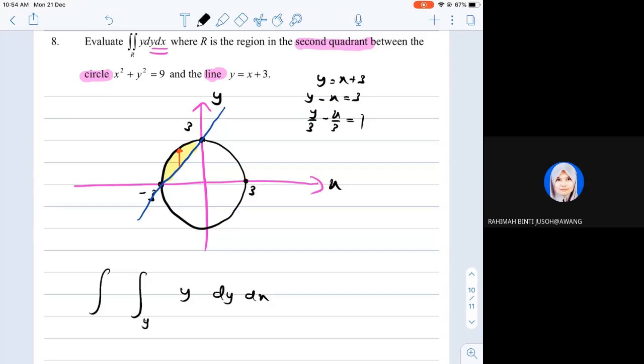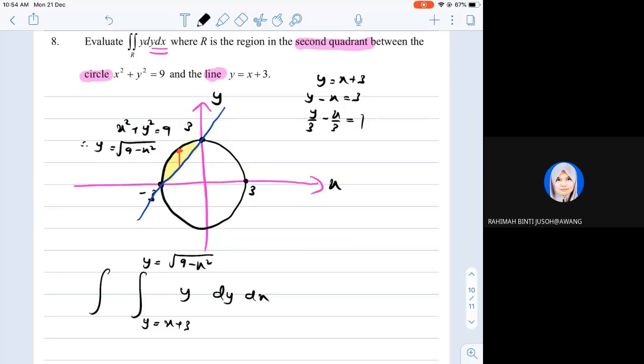Okay, the lower line is y equals x plus 3. And then the upper line belongs to this circle, x squared plus y squared equals 9. Therefore, y equals square root of 9 minus x squared. And the limit of x from where?